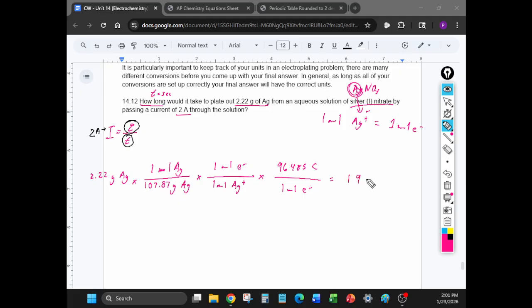You should get about 1986 coulombs. Then we plug that into our equation. We are solving for time. Time is going to equal, if we rearrange it, Q over I. So 1986 coulombs divided by 2 amperes gives us 993 seconds.